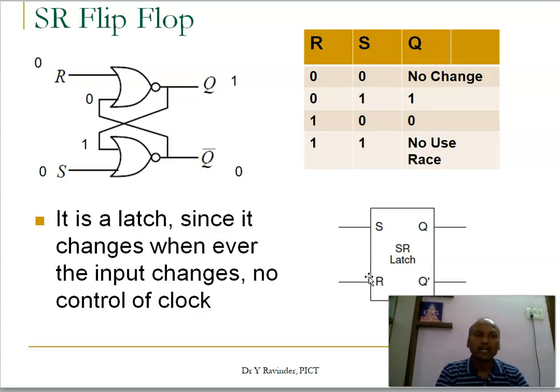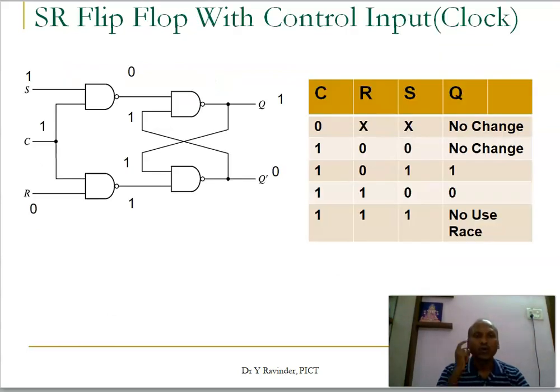So that can be done by using another combination. This is the combination I am using, so please try to understand this. So, SR flip-flop with a control input. So I have a control input and now I am using NAND gates.